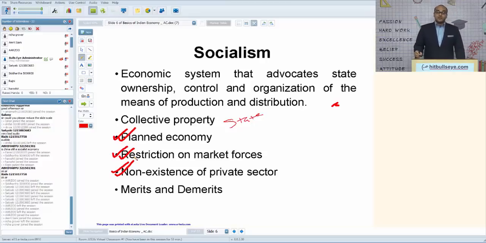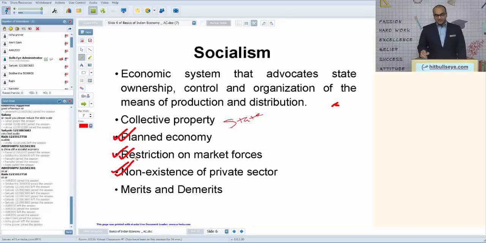So when you talk about the merits of such a society, of course, the demerit of capitalist society, that is exploitation of labor and the poor class, will be entirely removed, because everything is owned by the state, and the state is expected to take care of all the needs of the poor sections of the society.